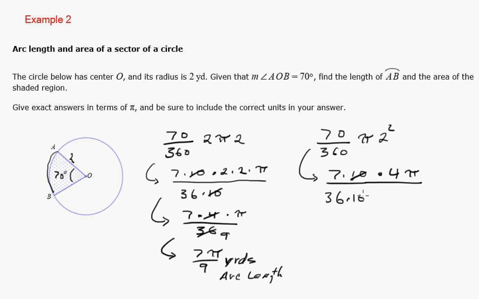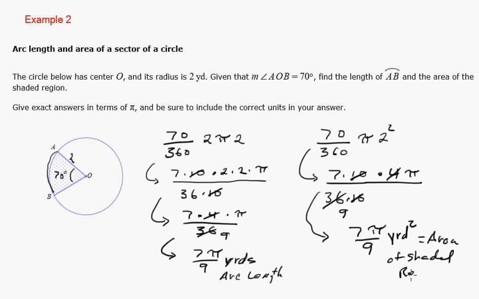So the 10s cancel, and 4 goes into 36 9 times. So we get 7 pi over 9. It looks like the same answer, but there's one difference: yards squared. Big difference. So this would be the area of the shaded region, this area in here.